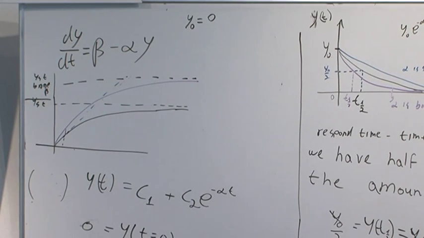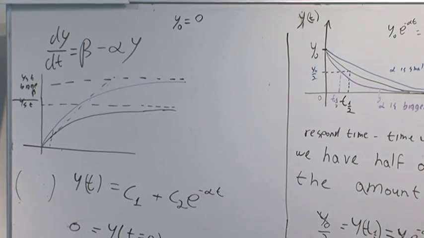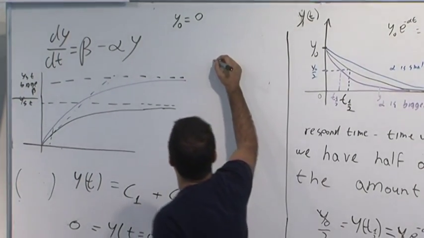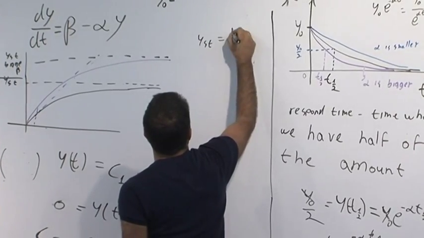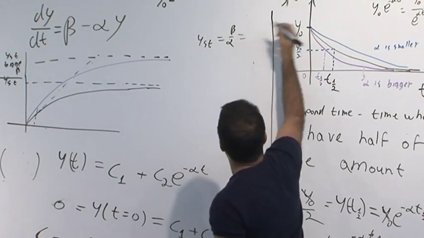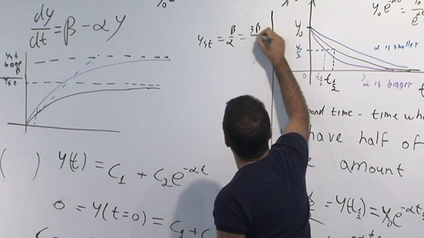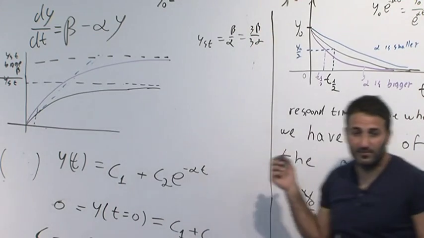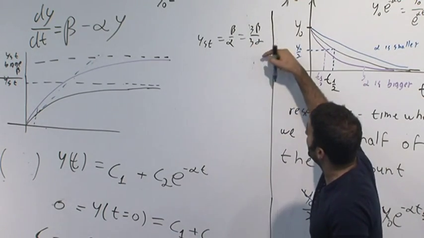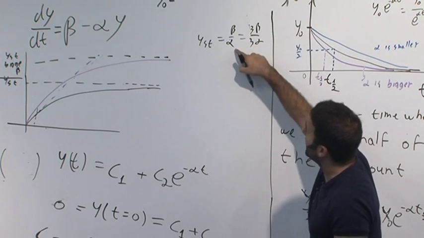Exactly, which means we'll keep the ratio between them. Y steady state equals beta over alpha, it also equals, for example, 3 beta over 3 alpha, right? Because we can divide the 3, and it will remain the same.